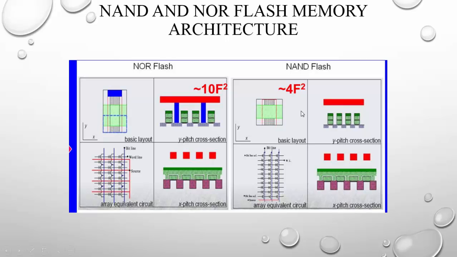And for the NAND flash architecture, NAND flash was developed as an alternative optimized for high density data storage, giving up random access capability in a trade-off to achieve a smaller cell size, which translates to a smaller chip size and lower cost per bit. This was achieved by creating an array of 8 memory transistors connected in series.